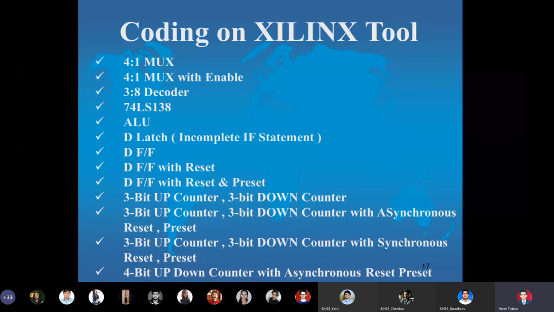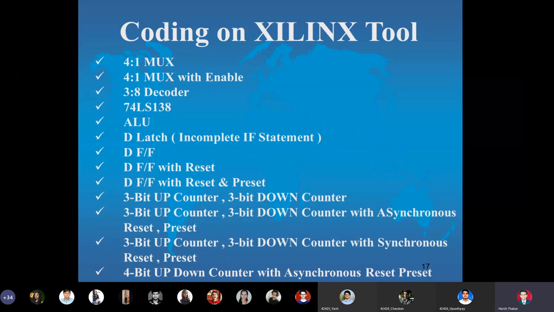The next thing we are going to do is write a VHDL model for a D latch using an if statement. We'll also see what happens if I use an incomplete if in a VHDL model. By default, incomplete ifs are ifs in which the next possible state is not given. For example, if s equal to 0, then y gets I0, else y gets I1. This is called a complete if statement.